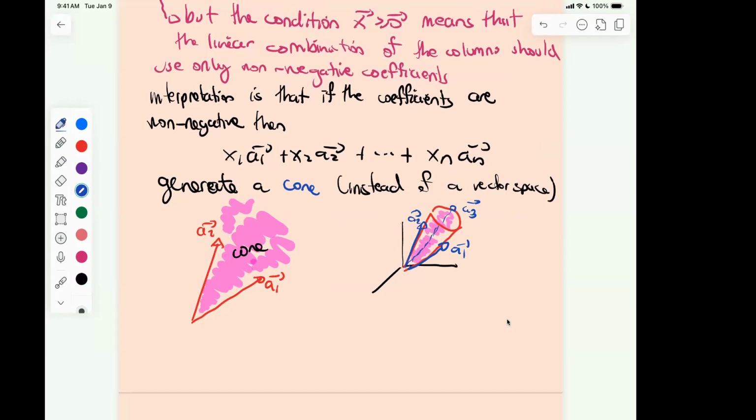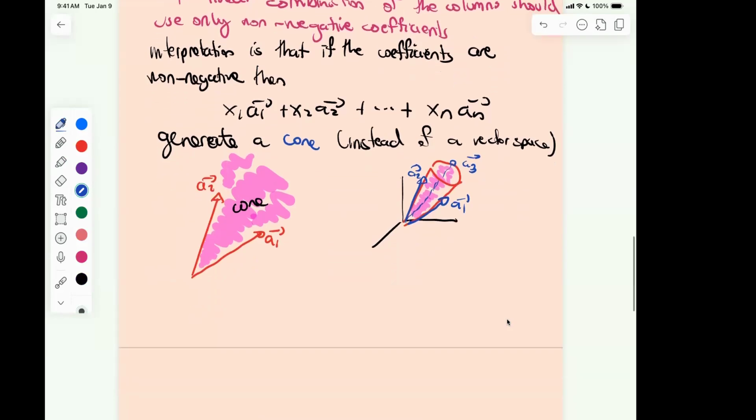Because of this interpretation, what does this mean? Ax equals b with x greater or equal to 0. Remember, when we were setting up the simplex method, we had a system of equations after adding slack variables, together with this non-negativity condition.